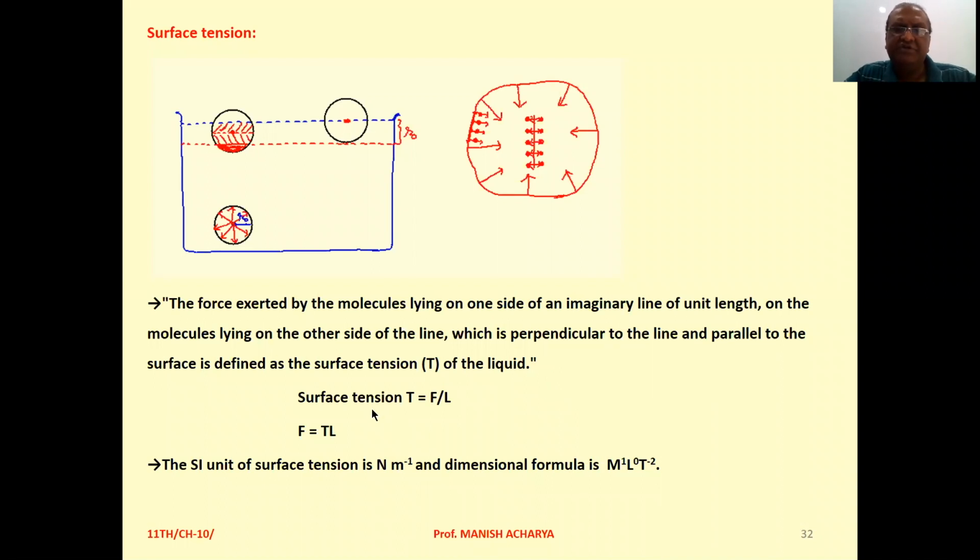Surface tension is given by the force per unit length of the imaginary line at the surface. So, force of surface tension is T into L. The unit of surface tension is Newton per meter, and its dimensional formula is M1 L0 T minus 2.